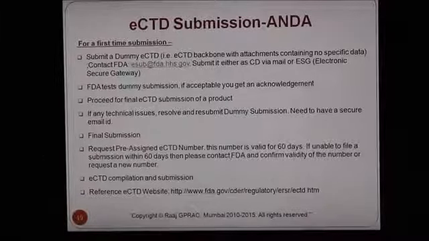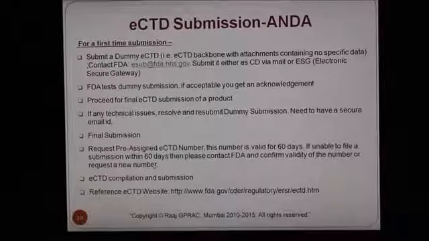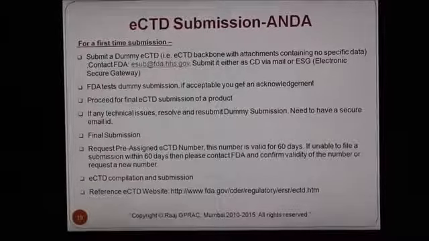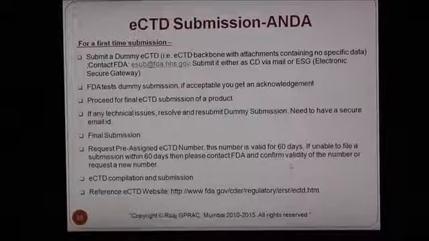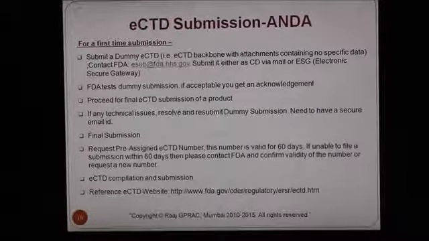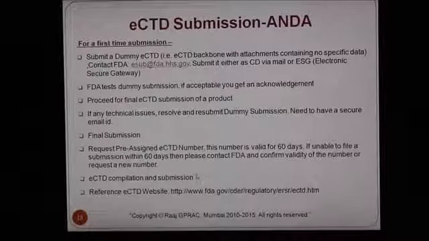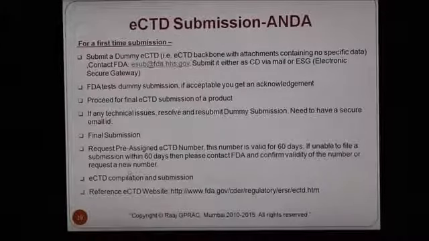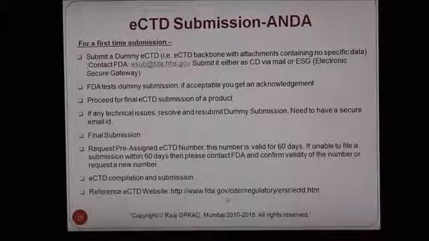If you are unable to file the submission within 60 days, then please contact FDA and confirm validity of that number, or request a new number from them. eCTD compilation and submission should be completed after all the steps described above. This is a reference eCTD website. You can note it down.